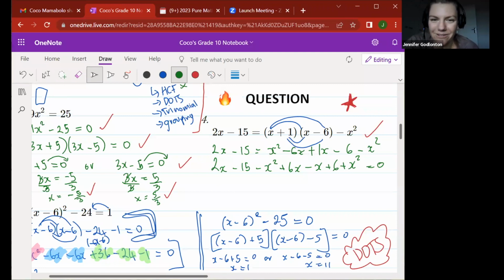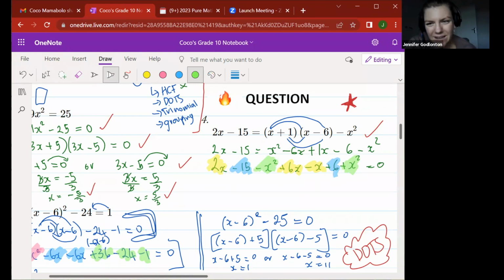Now we've got to be careful. Now we're going to start looking at our like terms. So we've got 2x here, a 6x, and a minus x. We've got a negative 15 and a positive 6. And then we have a negative x squared and a positive x squared.